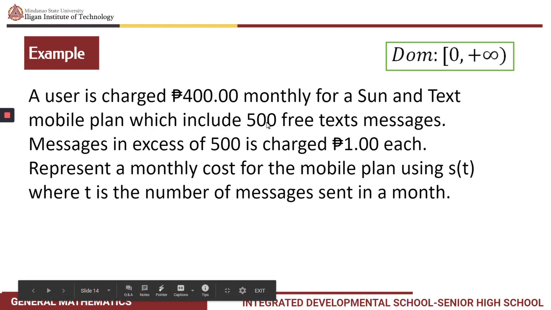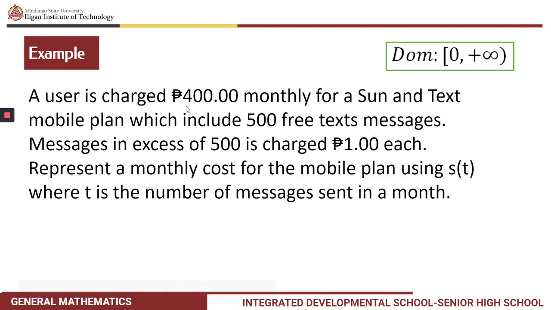A user is charged 400 pesos monthly for a Sun and Text mobile plan, which includes 500 free text messages. Messages in excess of 500 are charged 1 peso each.